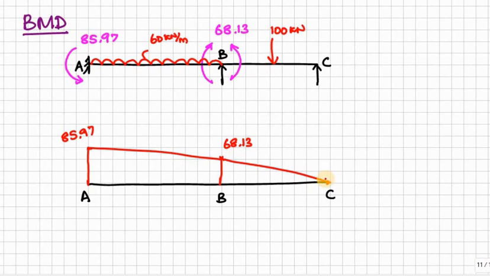So this red color diagram is for the support moments, over which we have to overlap the simple support moment. For UDL it is a parabolic distribution. So the maximum is 120 at midspan of AB, and for the point load it is a triangular distribution, and the maximum moment is 75 kN under the point load of 100 kN.